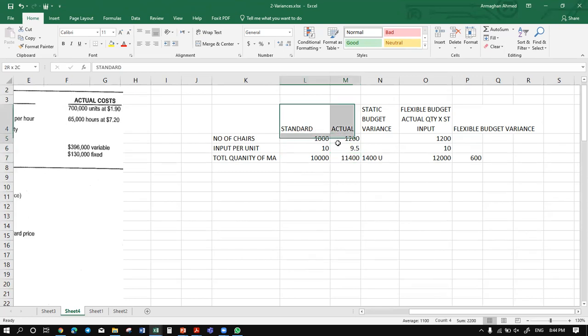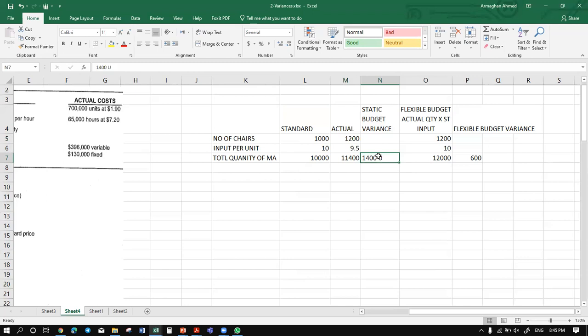If you compare this actual and standard, there is a variance, that is the static budget variance. It means the estimated and actual difference is 1,400; you have used more raw material, so it is unfavorable.